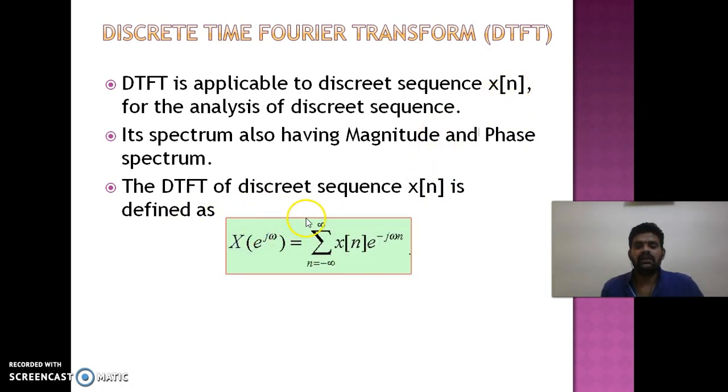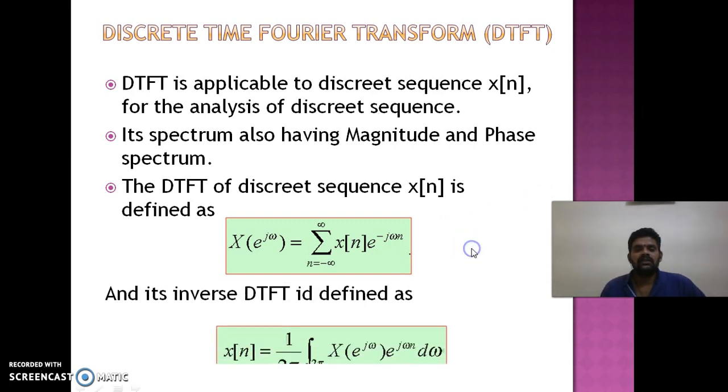The DTFT of a sequence is defined as X of e power j omega equal to sigma n equal to minus infinity to plus infinity x of n e power minus j n omega. Sometimes it can be written as X of k also, so no need to worry about that. In some textbooks they follow the notation like this, but we are following this notation.